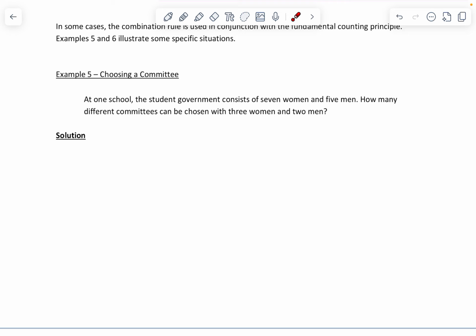At each stage, though, we have a combination. We can choose 3 women from the 7 candidates using the combination formula where n is equal to 7 and r is equal to 3, right? Because we're choosing 3 women from the group of 7 women.